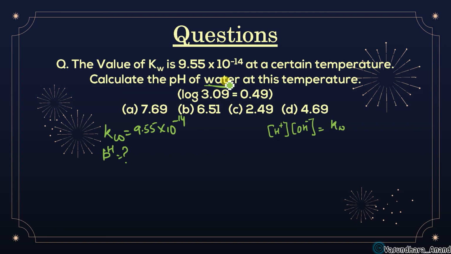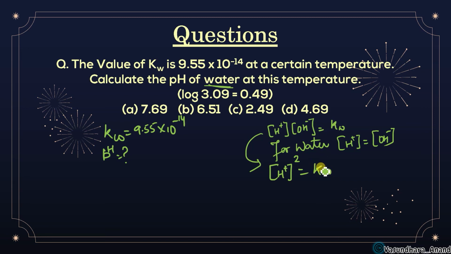So for water, we know that the concentration of H plus is equal to the concentration of OH minus, isn't it? So can I write like this: H plus square is equal to Kw.